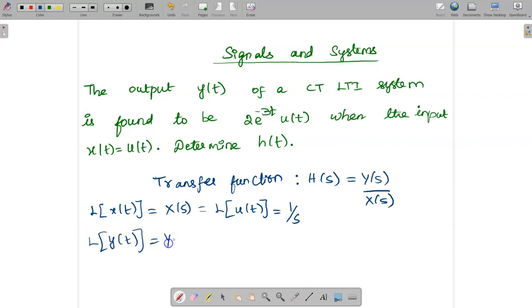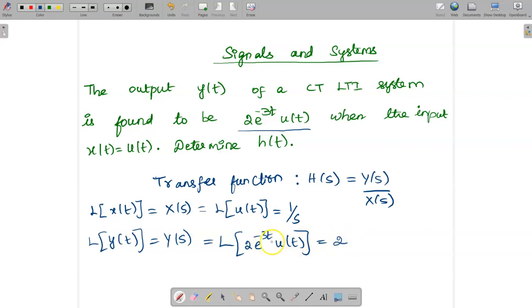So Laplace transform of y of t is nothing but y of s. So here they have given that the output y of t is nothing but 2e power minus 3t. So we have to find out Laplace of 2e power minus 3t u of t. And generally we know the formula for this, right? Which is nothing but 2 is constant, keep as it is.